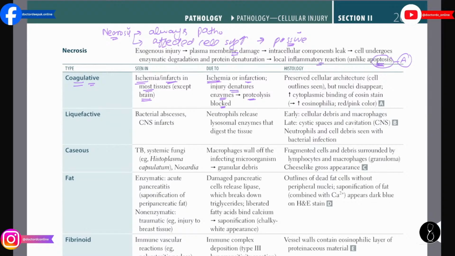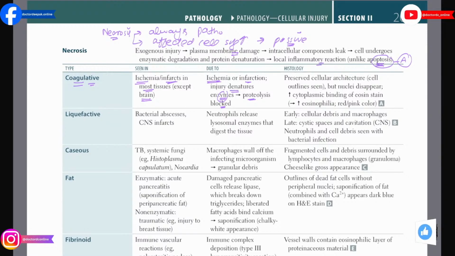Then what happens in coagulative necrosis? You have to keep in mind when there is ischemia or infection, that will lead to denaturation of the enzymes. And if your enzymes are denatured, you cannot break down the protein. So it means if you cannot break down the protein, then your necrotic tissue, cell shape, and organ structure are preserved. So this is a very, very important MCQ.